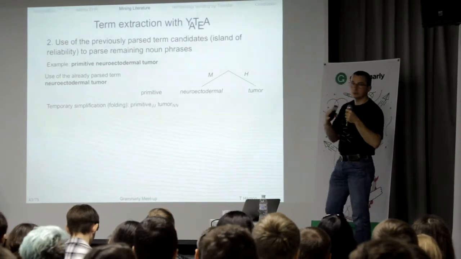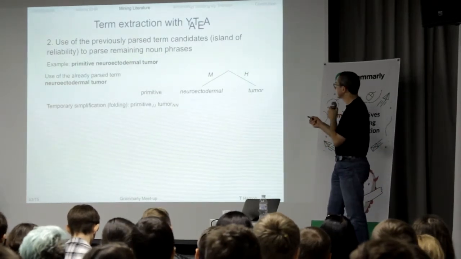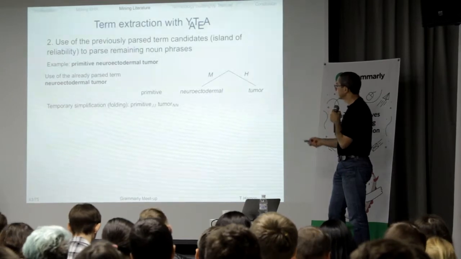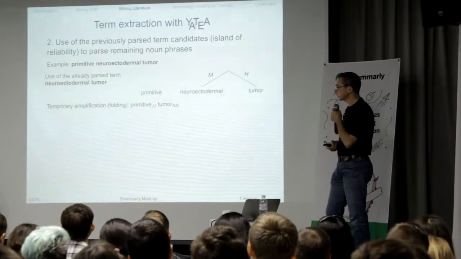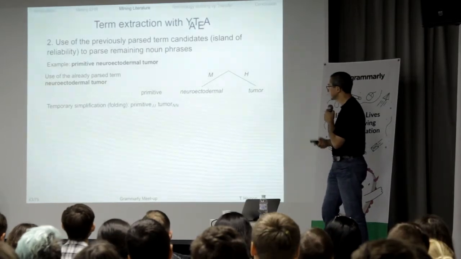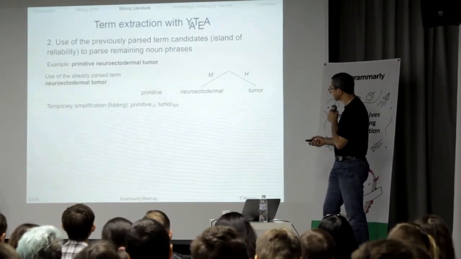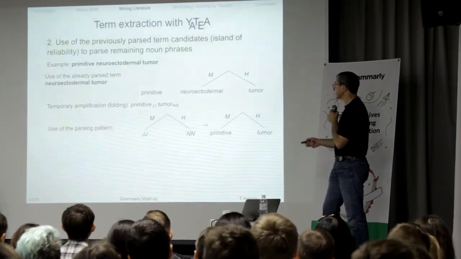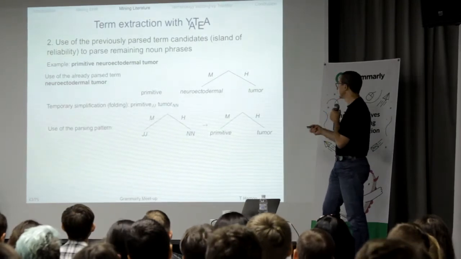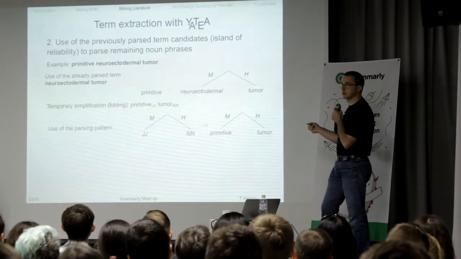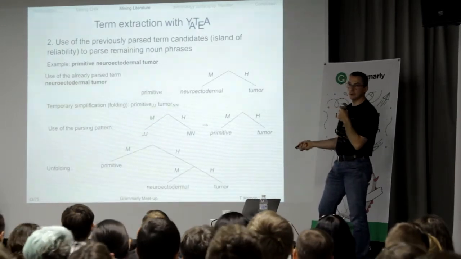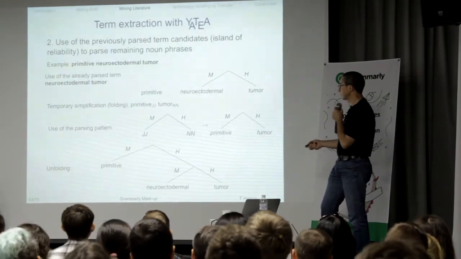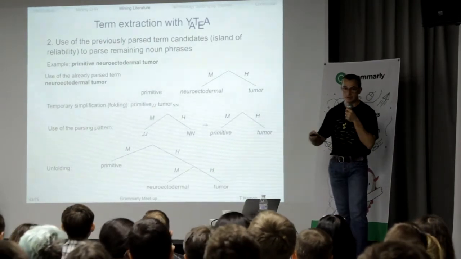We fold the already parsed part of the term to obtain such kind of term, which is correct, at least linguistically. And then we can apply the same pattern to parse this term, and then we unfold the term to have the full term parsed.